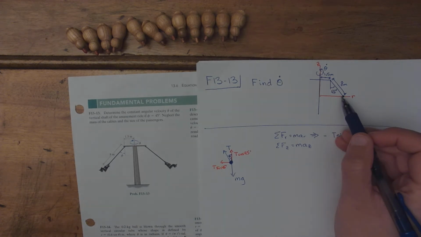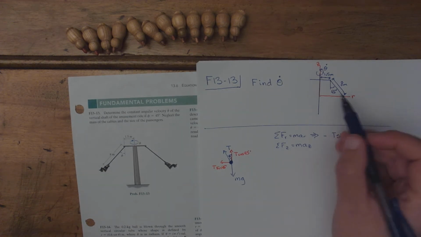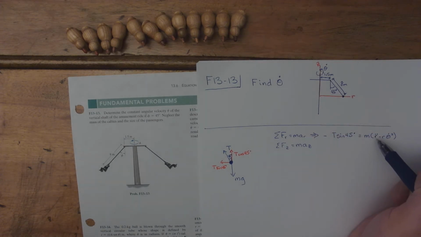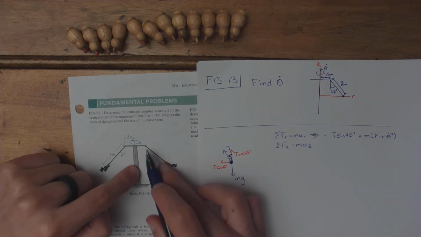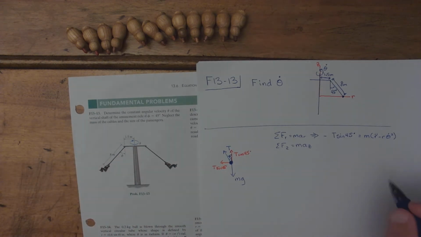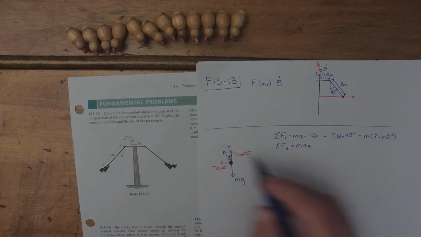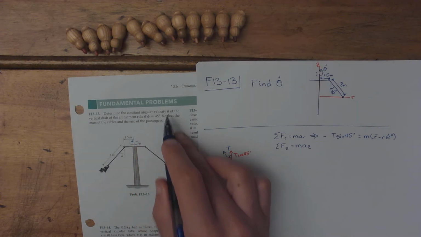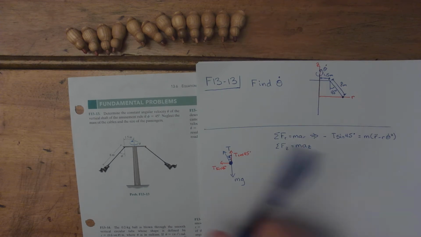If this angle was changing, which would be the case if the passengers were speeding up or slowing down as they spin around, then the radius would change because as this angle changes, the distance from the passenger to the axis here changes. But because it's a constant angular velocity, r double dot is equal to 0.